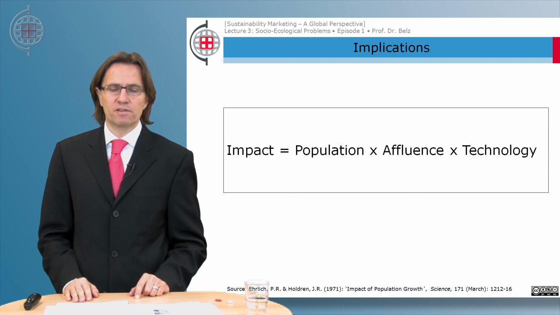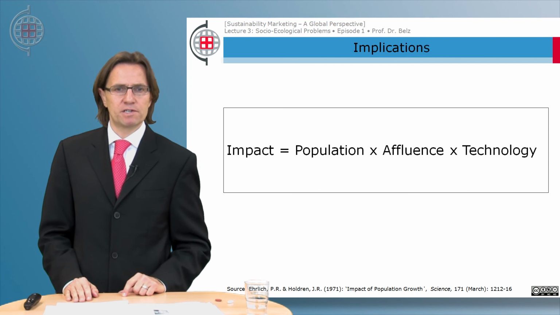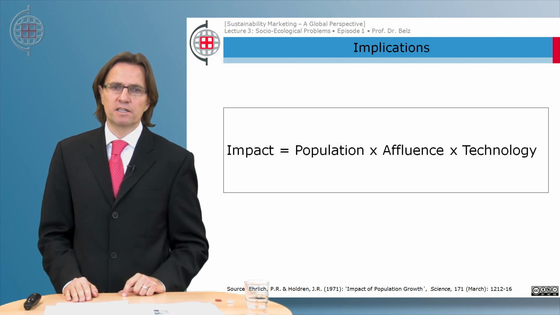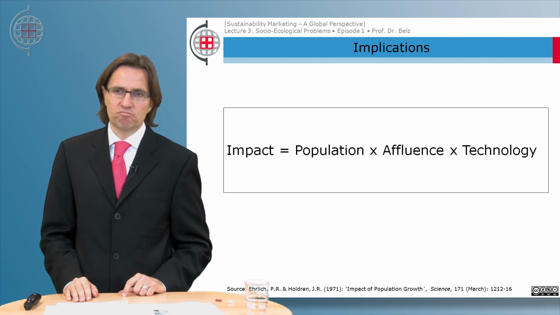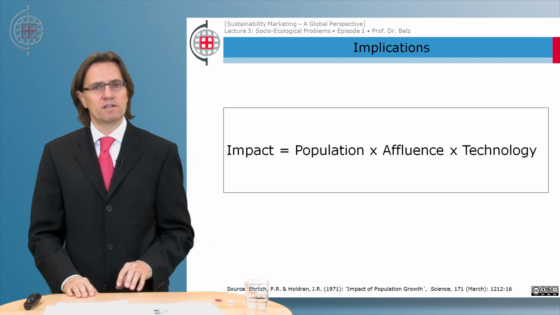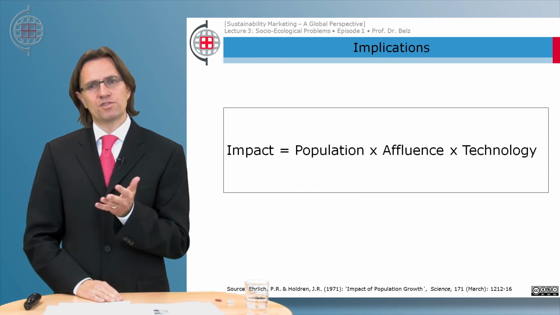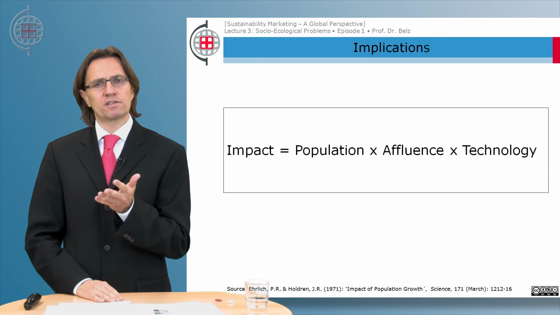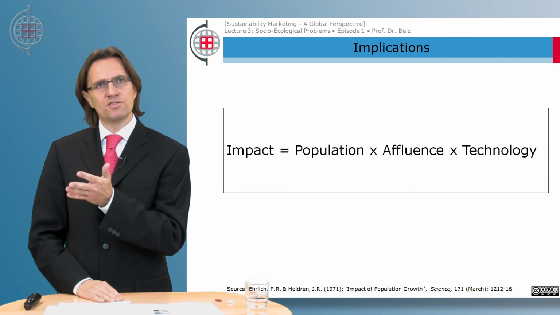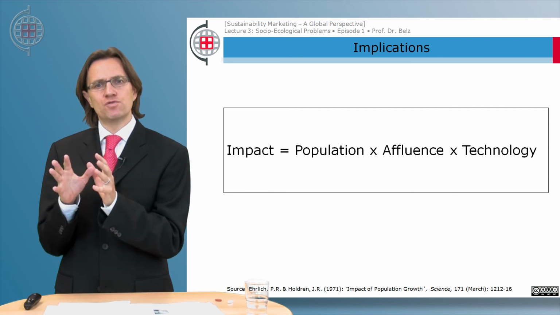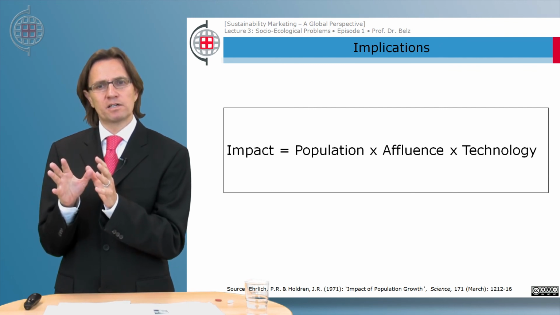When it comes to affluence, the material consumption per capita, yes, maybe sustainability marketing can change behavior. Technology, yes, definitely. Sustainability marketing can help to develop new technologies, new sustainable products and services, and introduce them to the market successfully. That's the main issue in sustainability marketing.